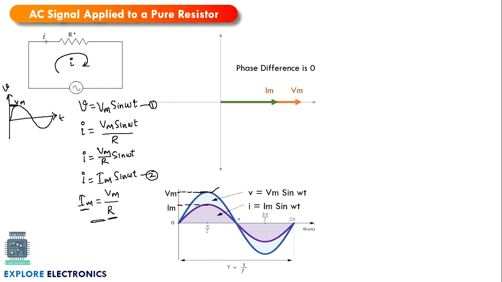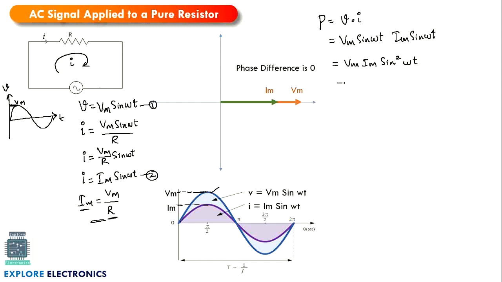The power dissipated by the resistor can be calculated like this. Let me write the instantaneous power: P = V times I. Here V is Vm sin ωt and I is Im sin ωt. I just multiply these two, so it is Vm Im sin ωt times sin ωt, which becomes sin² ωt.